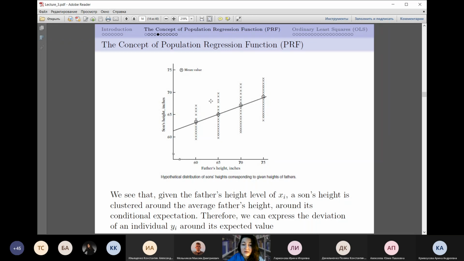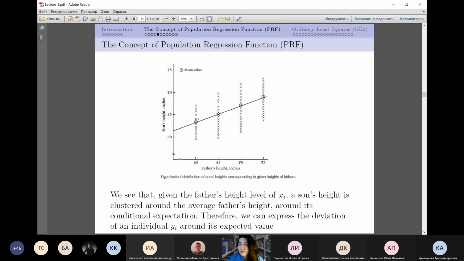The best answer to this question will be some average computed on this subset, and that will be our best prediction in this case. So for any given value of x, the distribution of y is centered about the expected value, as illustrated in this figure.